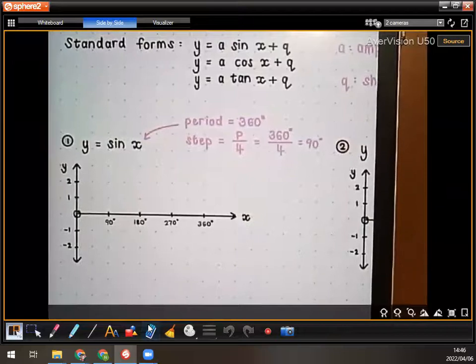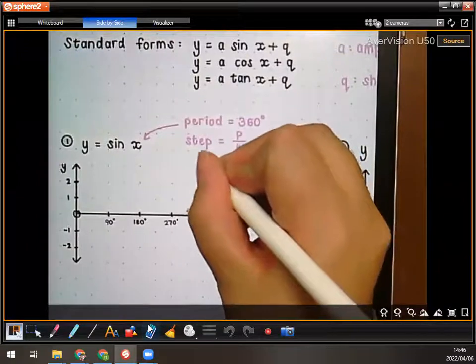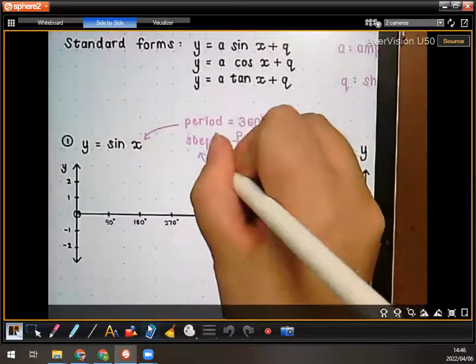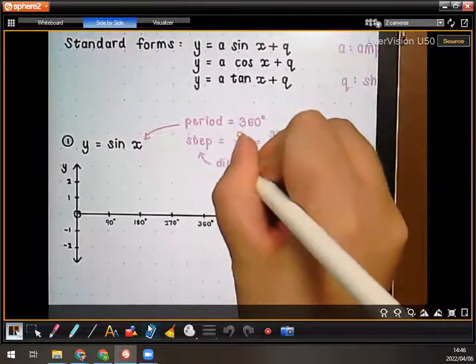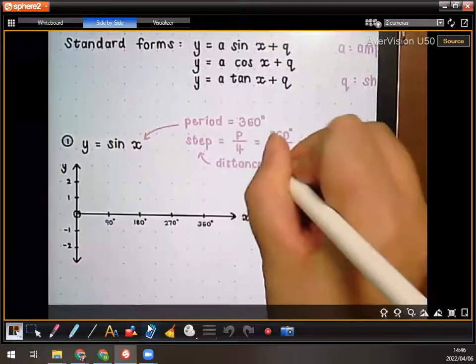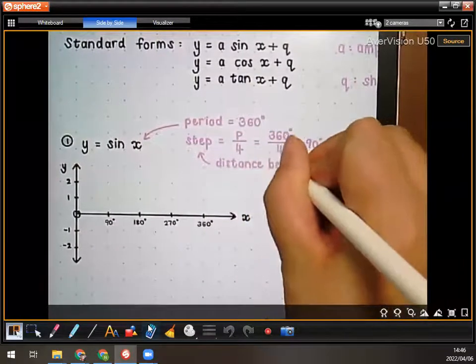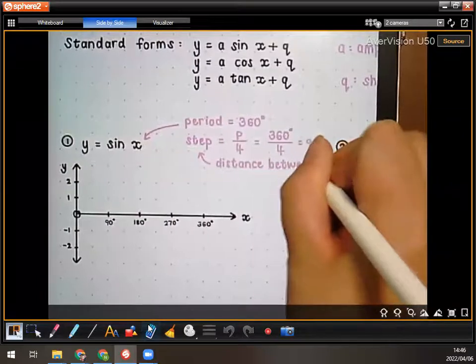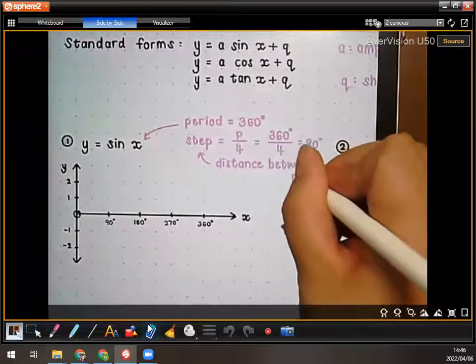Now guys, the step is how often you have to plot a point. The step, that's the distance between your points. All right, so you can make a little note there. Distance between points.